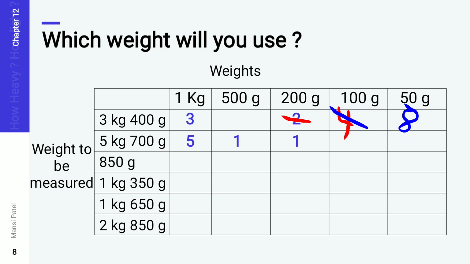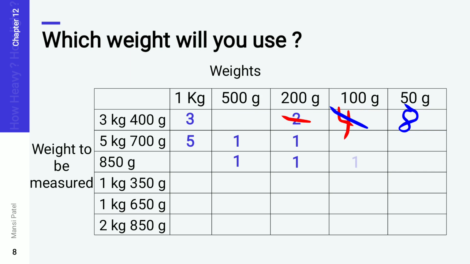Now you are understanding all these things. Now how do you make 850 gram? In this you are not supposed to make kilogram, so we are not using 1 kilogram. First we take 1 unit of 500 gram, then another 1 unit of 200. So 500 plus 200 is 700.